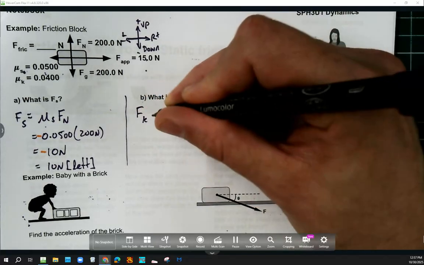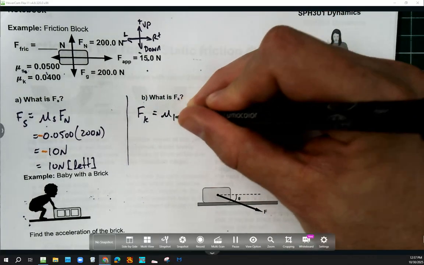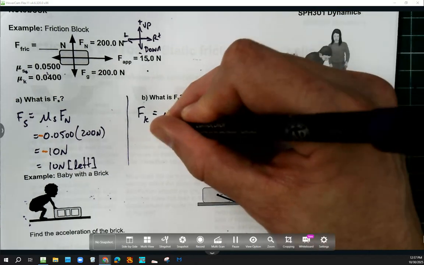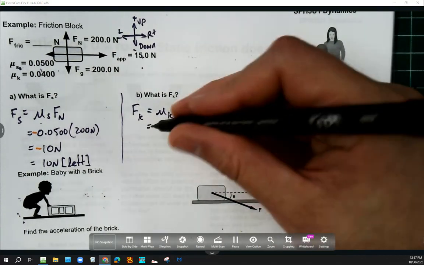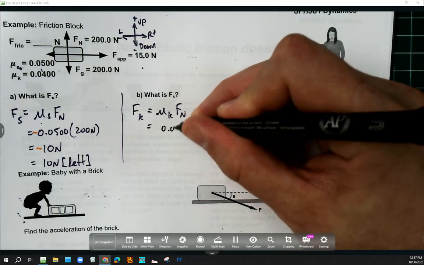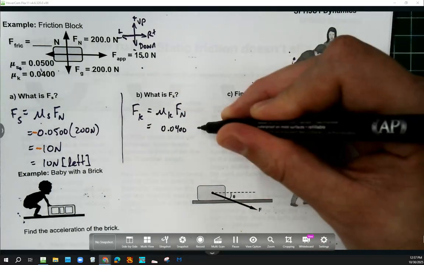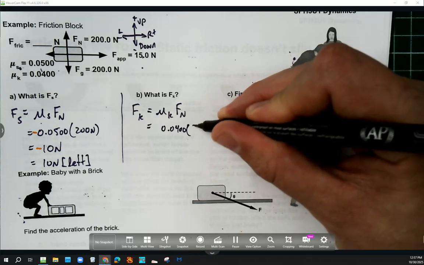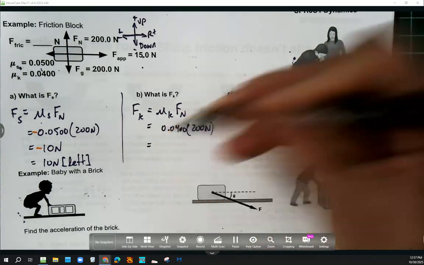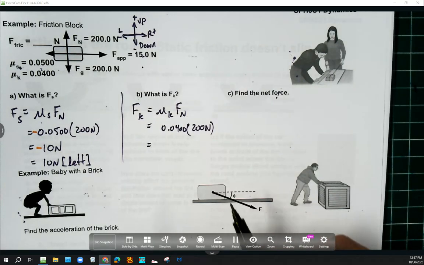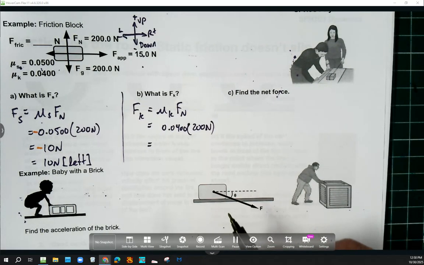All right, so kinetic friction. I've got my mu k times F normal. I'm just answering simple questions. I don't have any fancy plan or agenda yet. And I say, okay, well, mu k was equal to 0.0400. Normal force was equal to 200 newtons. Reminder, mu k doesn't have units, and we're all cool with that because it's just a ratio. 0.04 times 200, that's 4%.